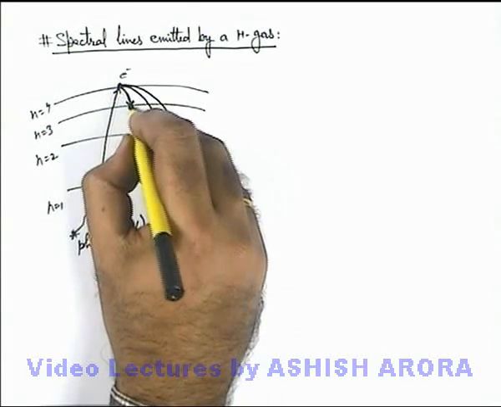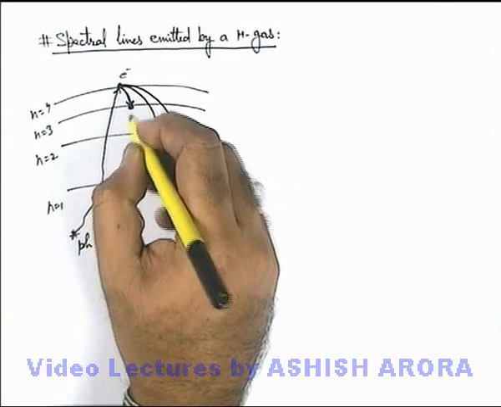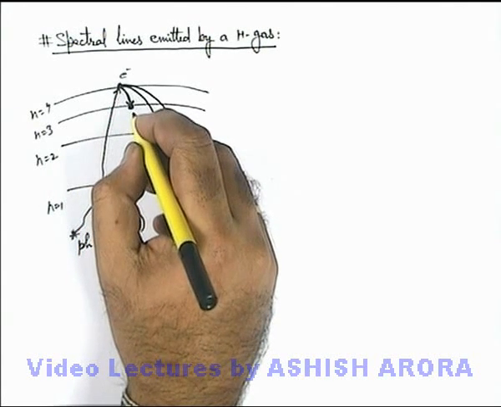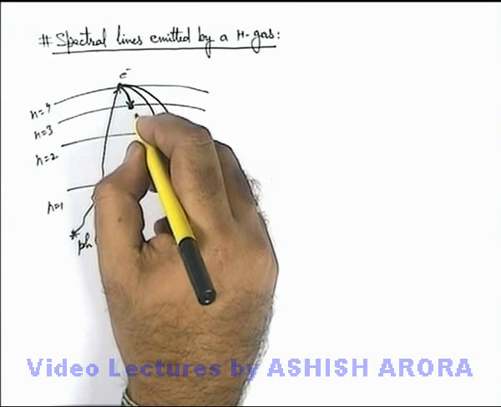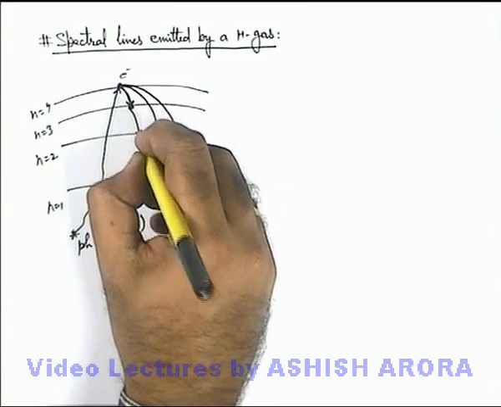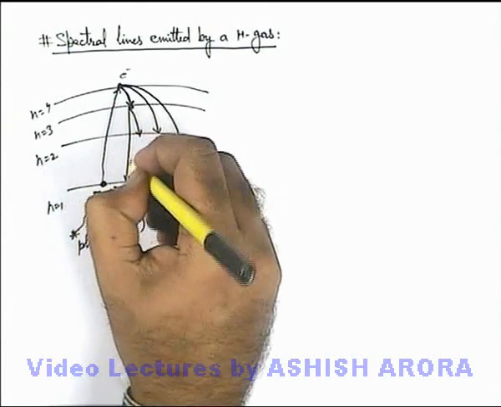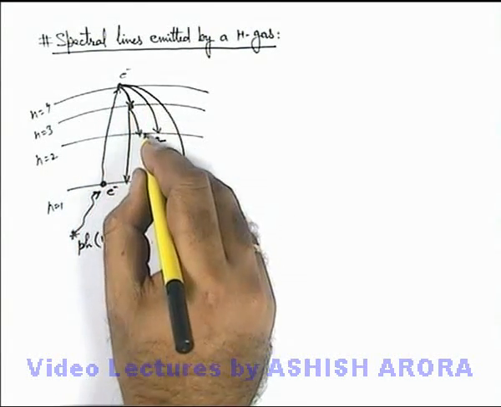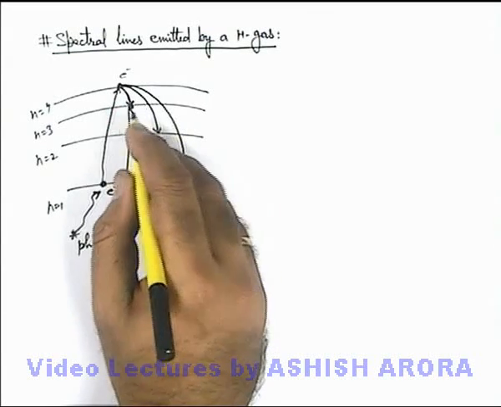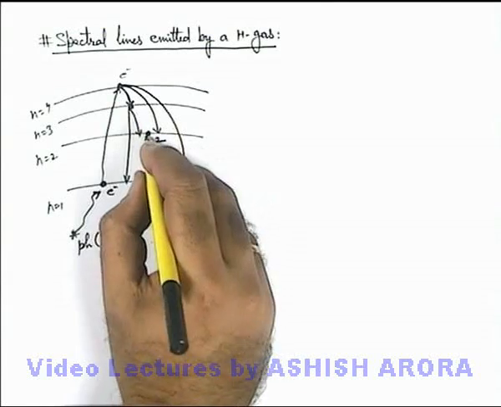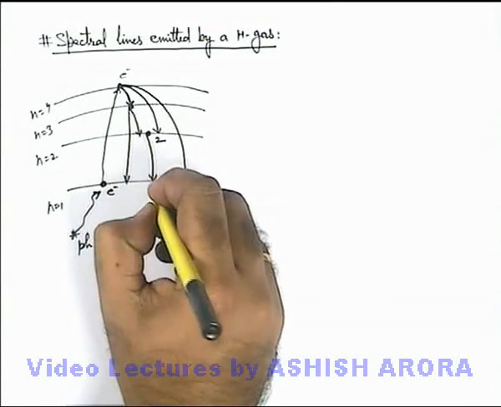Say it drops back to n equals 3, then again 2 and 1 are stable states. So as soon as the lifetime of excitation gets over, it will either make a transition to 2 or to 1 because these two states are more stable compared to n equals 3. And the electron which is in n equals 2, either it comes through n equals 3 or directly from 4, ultimately it will drop back to n equals 1.